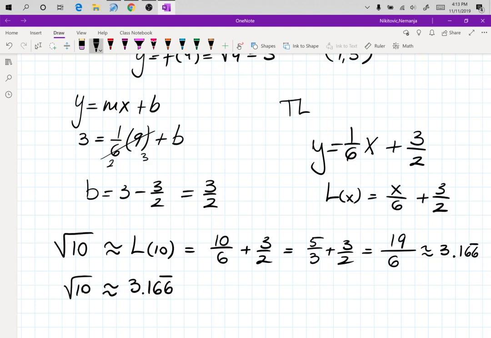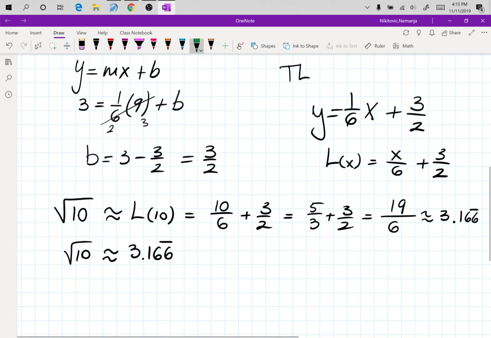So now I can check this by comparing it to what the calculator gives me. The square root of 10 in the calculator is 3.162.